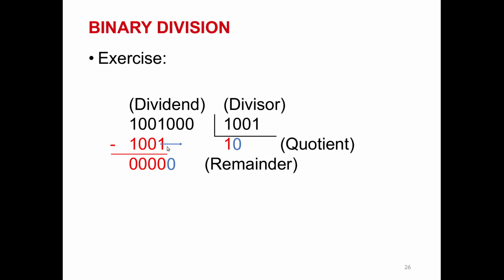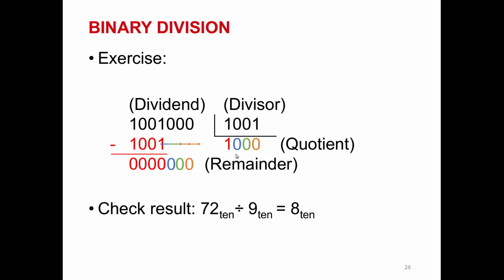We do again, we shift this divisor 1 bit further, and we take out this bit 0 here, and we can see that the remainder is smaller than the divisor, and so another 0 here for the quotient. We do the same with the last bit 0 of the remainder, and we will have the quotient here 1000, and that value is 8 in decimal.